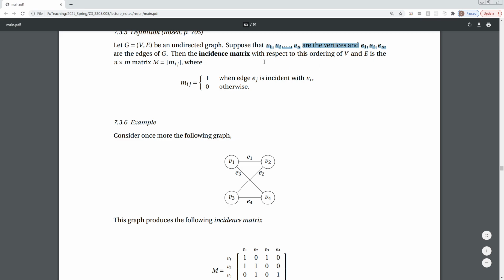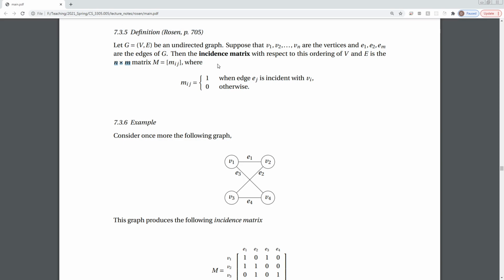And the incidence matrix with respect to this ordering is the n by m matrix, so it's not a square matrix anymore, at least not necessarily. It might be, but in general it probably won't be. It's the matrix with these entries, and here it's a 1 whenever the edge, so e1, connects v1 and v2.